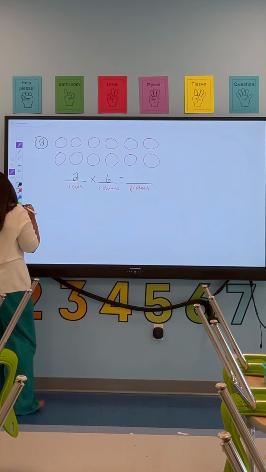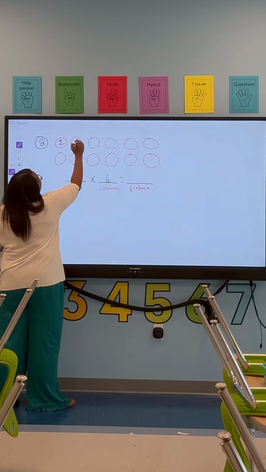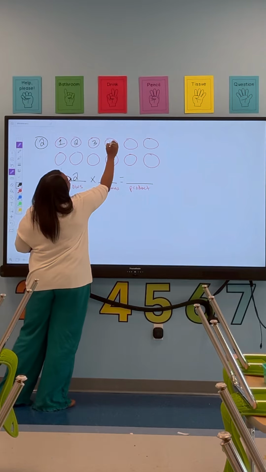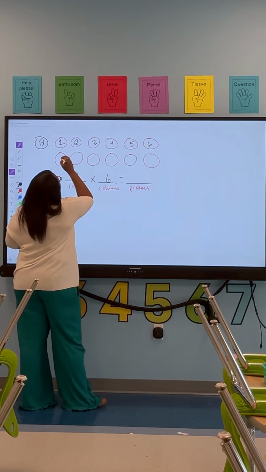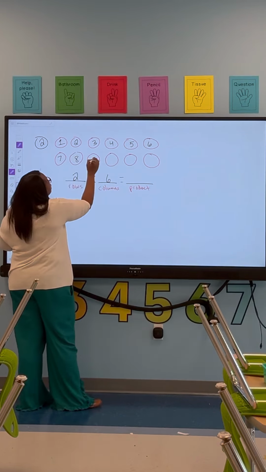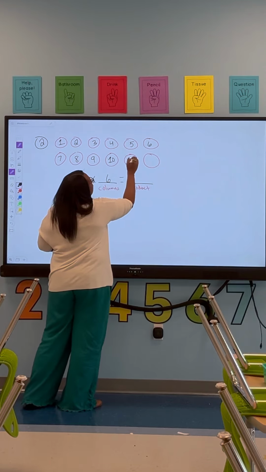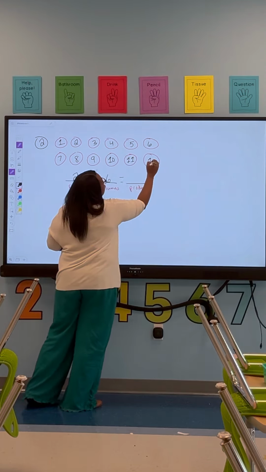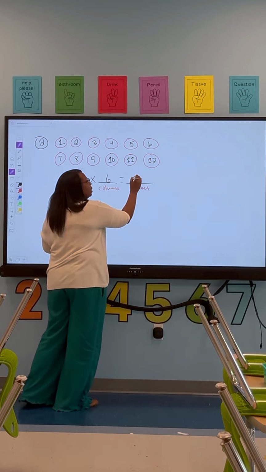You count them to see how many you have all together. This is 1, 2, 3, 4, 5, 6, 7, 8, 9, 10, 11, and 12. So the product or the total would be 12.